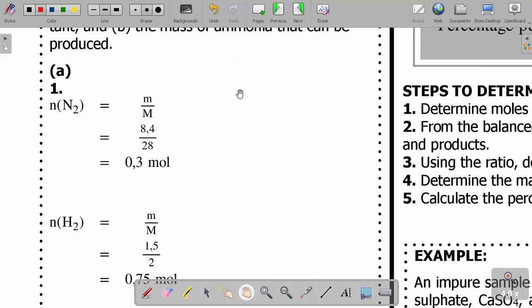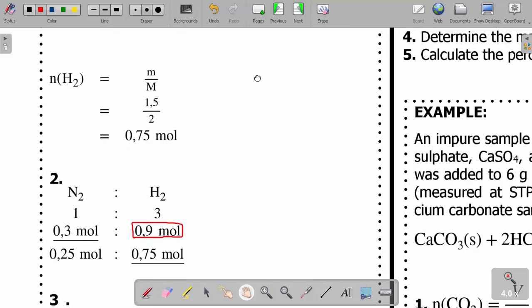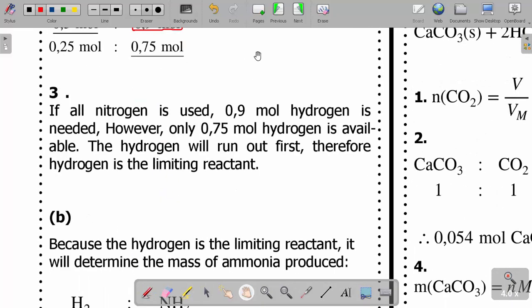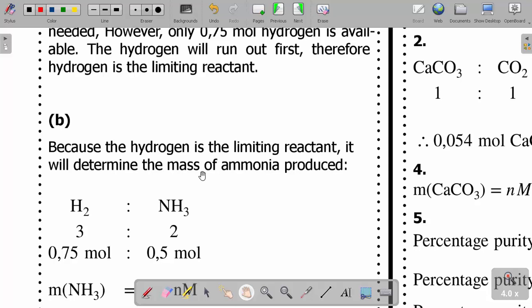Okay, let us proceed. So we have said that because hydrogen is the limiting reactant, it will determine the mass of ammonia produced. That means hydrogen to ammonia is 3 to 2. We see that because this is 3 to 2 and I have 0.75 moles of hydrogen, I can get 0.5 here.